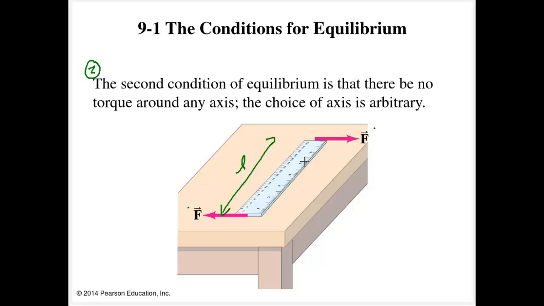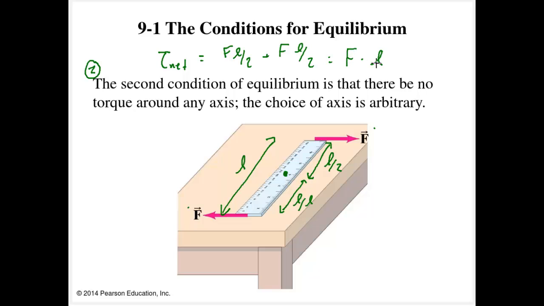However, if I stake this and put a hole right through the center, drive a nail through there, we can see that I'm going to have a force acting on some lever arm of L over 2, and then another force acting on another lever arm of L over 2. So I'm going to have a net torque that, taking clockwise to be my positive direction just for a change, is force times L over 2 plus force times L over 2, or equal to the force multiplied by the length.